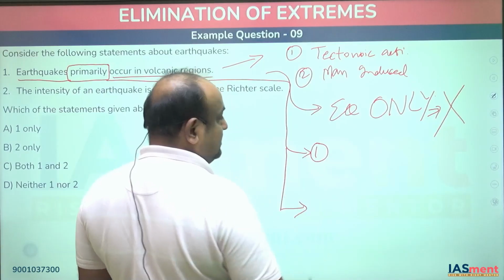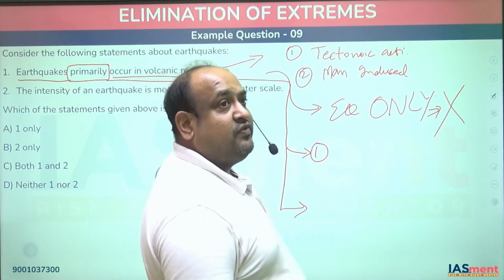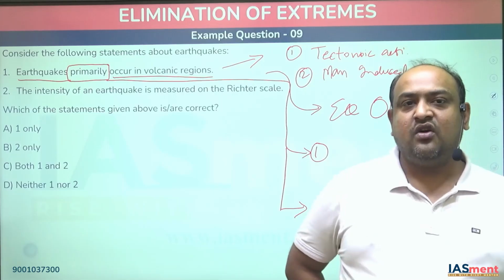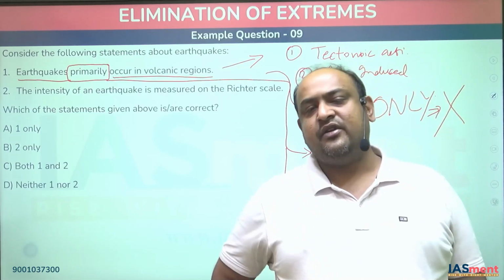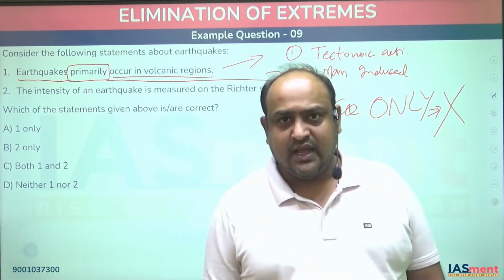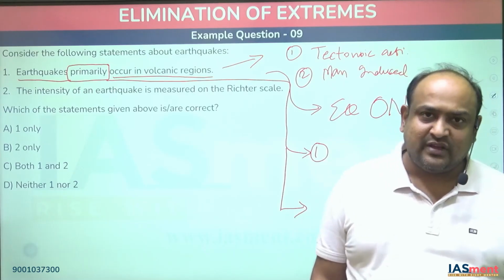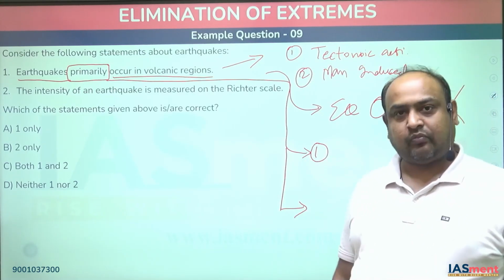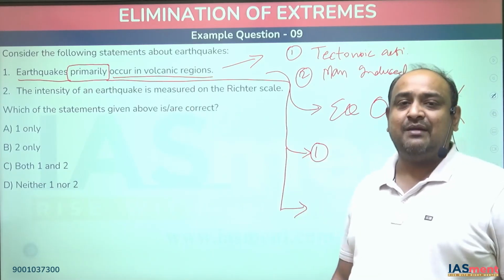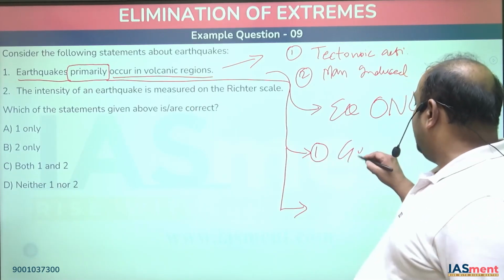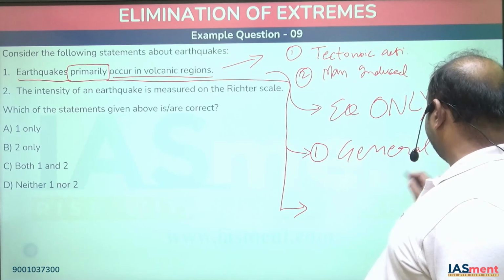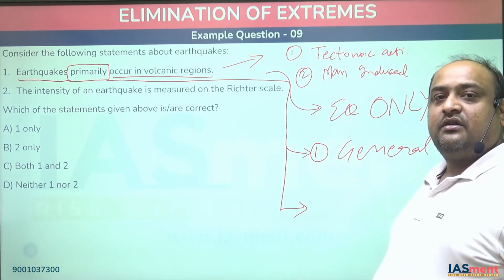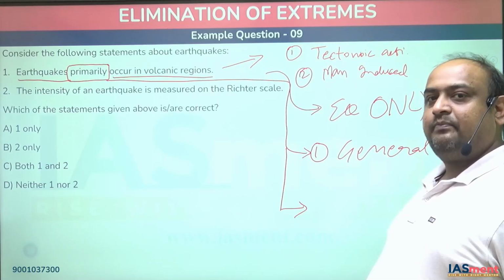One is, primarily means they are not denying that the earthquakes can occur everywhere. They are not denying the fact that the earthquakes can occur at any place, because they have used the term primarily. It means they have made it a general statement. You also thought this thing.